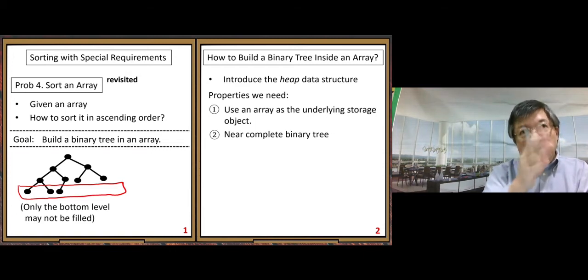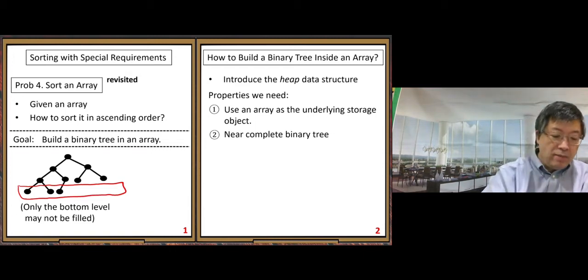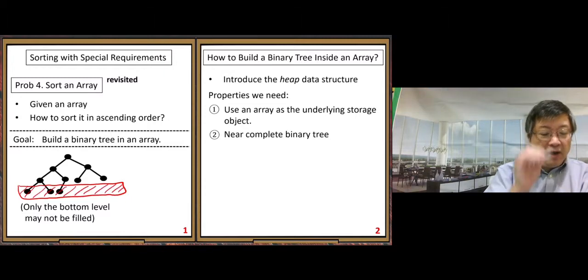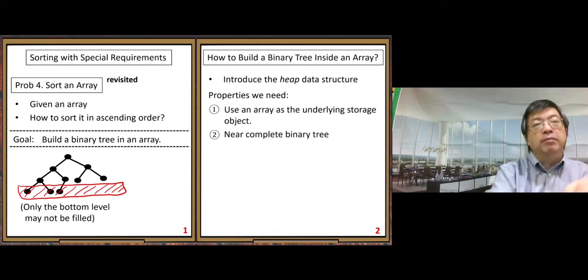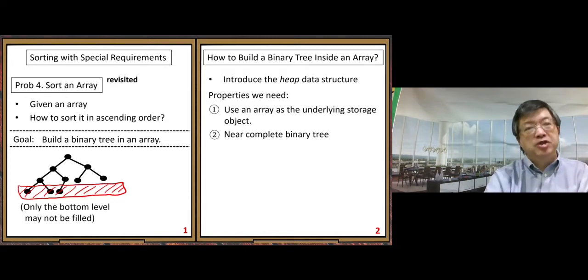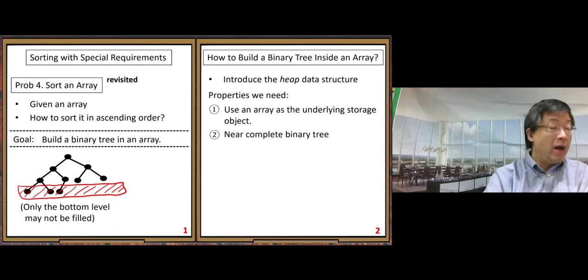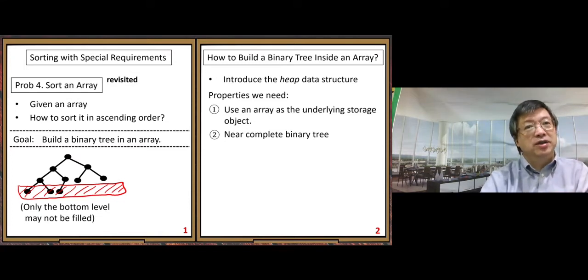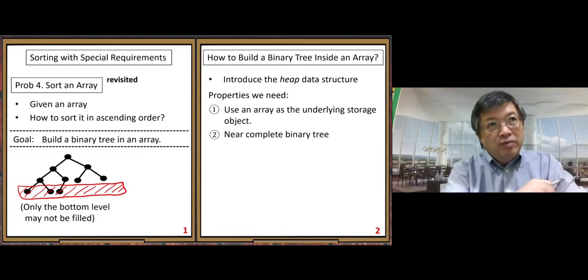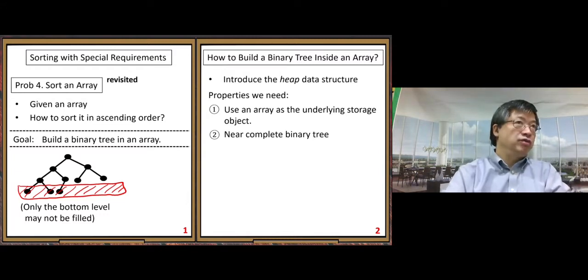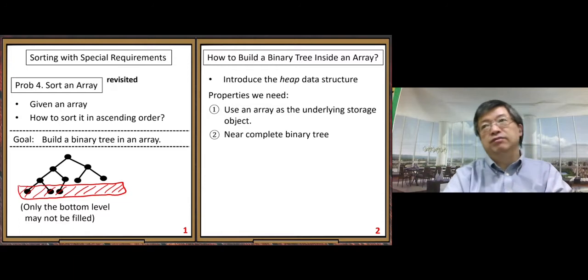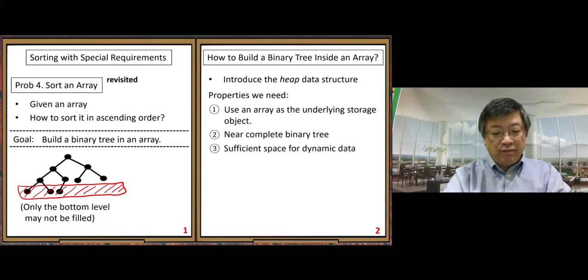So the only possible incomplete level is the bottom level. So for this structure, we call it near complete binary tree. So our heap should have this structure. So we will organize our heap in this structure. So this is the second property.